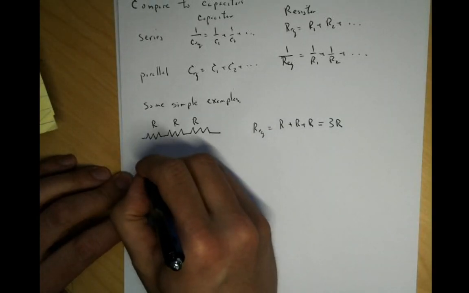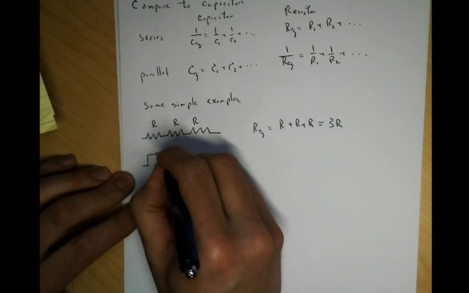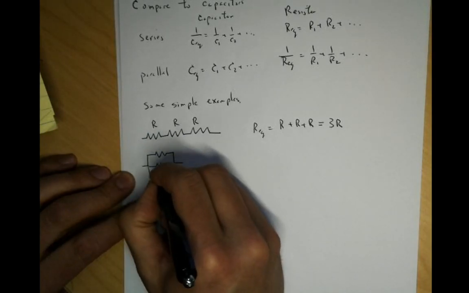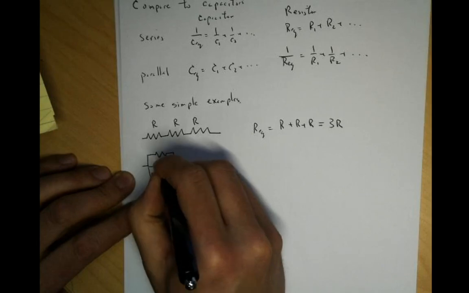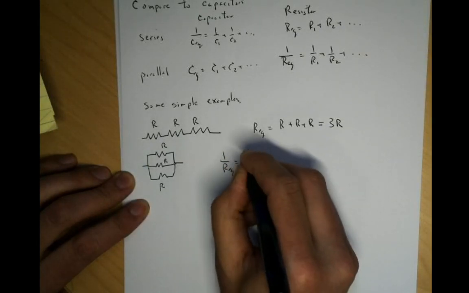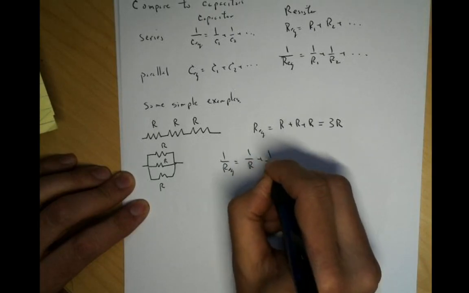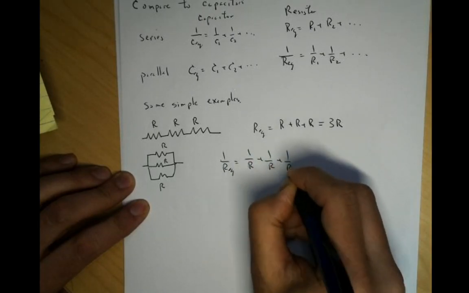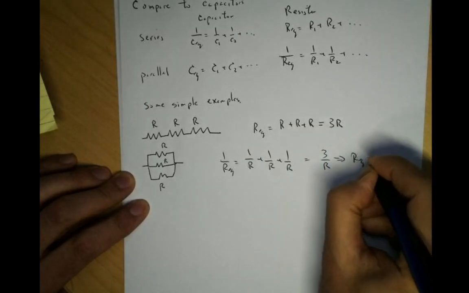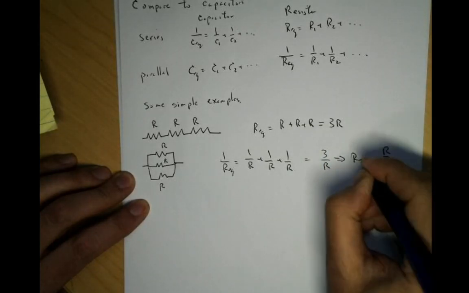Let's do it in parallel now. Three resistors, each R. 1 over R equivalent is equal to 1 over R plus 1 over R plus 1 over R. This equals 3 over R, which implies R equivalent is equal to R over 3.